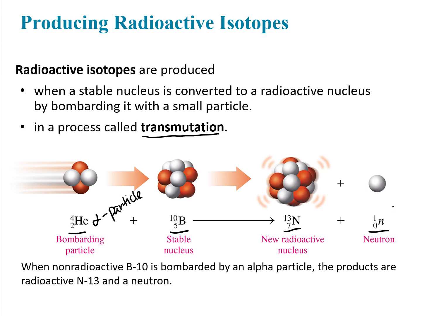So you're not going to have to predict what the products are necessarily. But let's say I didn't include this product, but I told you that you make a neutron. You should be able to figure out the identity of the new element on the other side. And I'll show you what I mean.